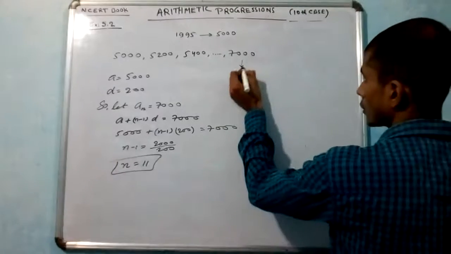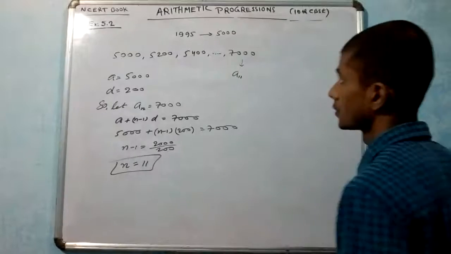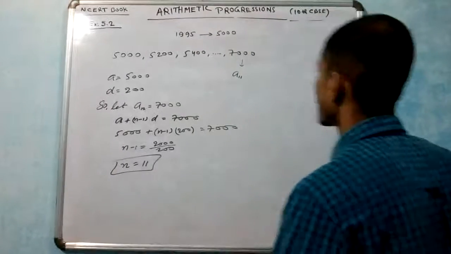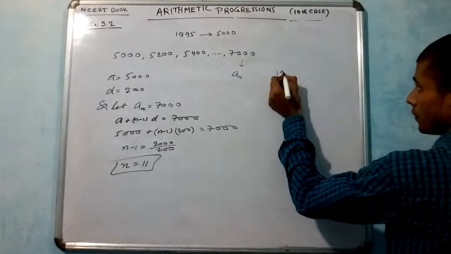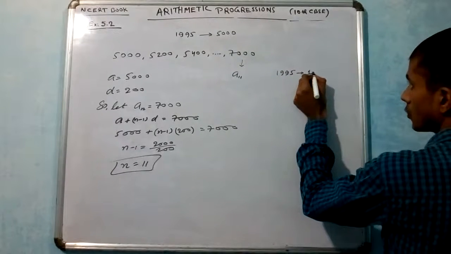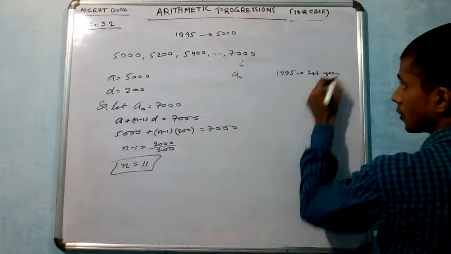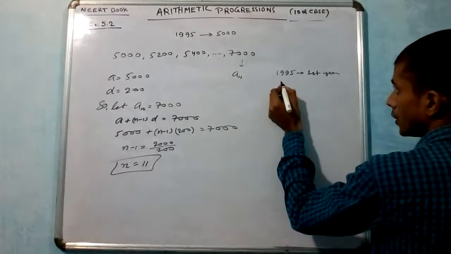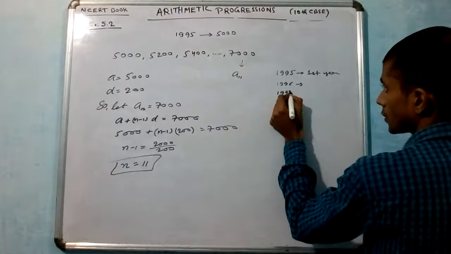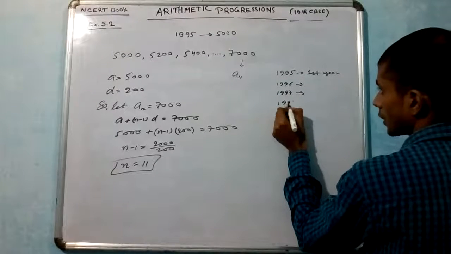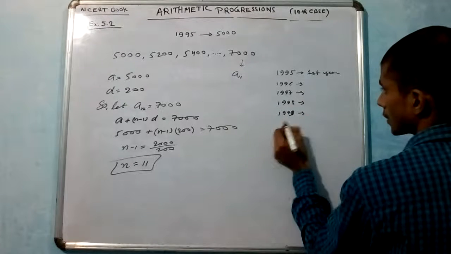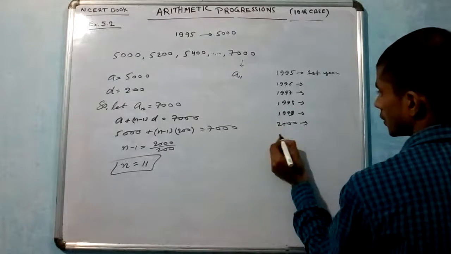11th year. So 1995 is the first year. Then tell me, 1996, 1997, 1998, 1999, 2000, 2001.